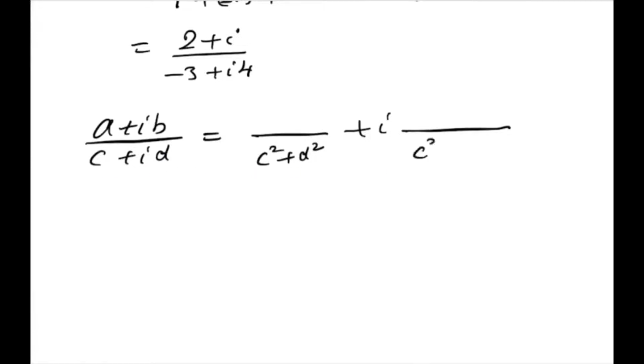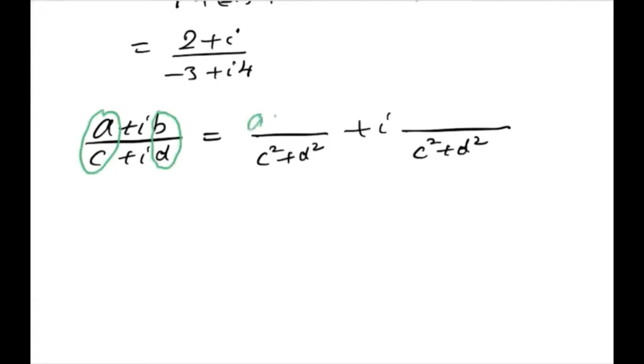For the numerator of the real part, you take the product of the real parts plus the product of the imaginary parts.